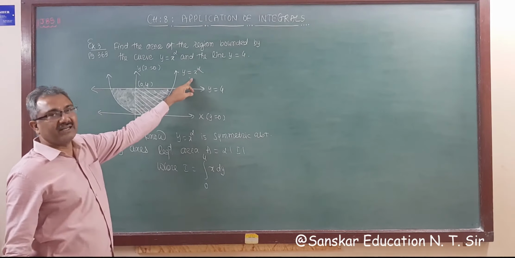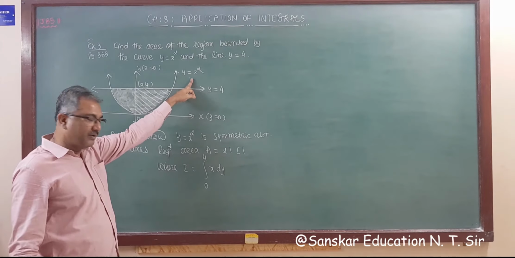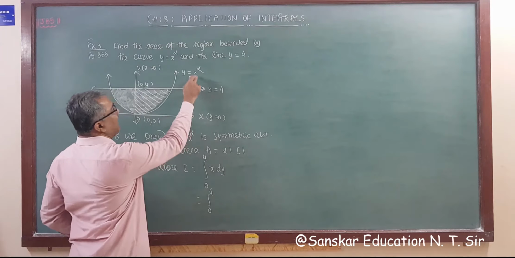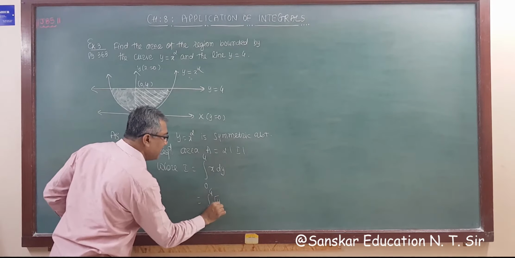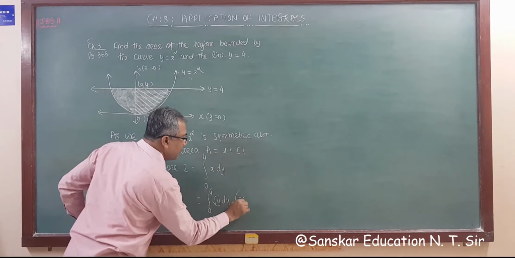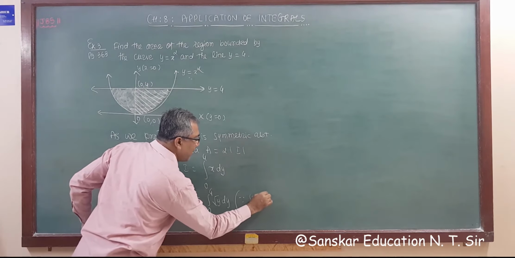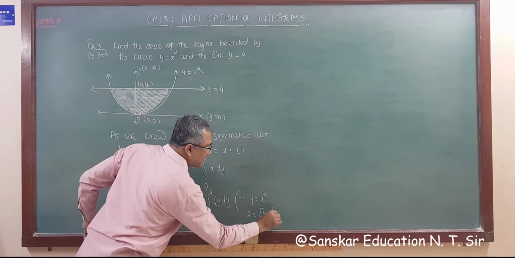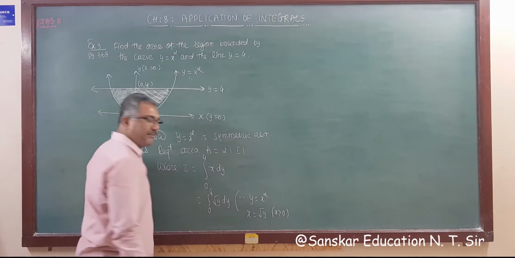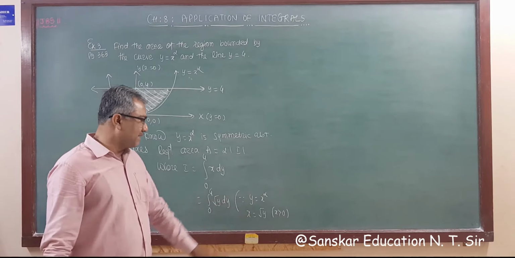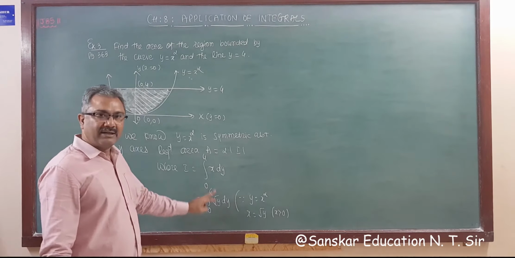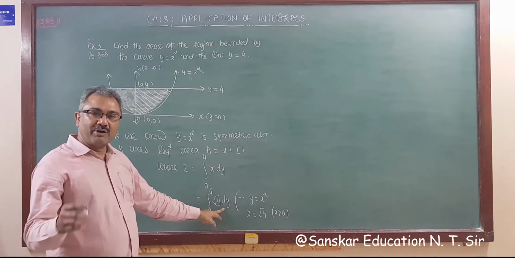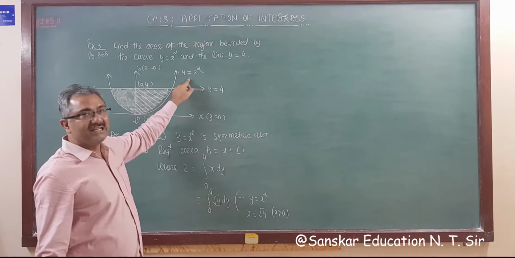We have to make x the subject from y equal to x square, so x is equal to root y, because we are taking the limit on the y-axis. So we have dy. So I is equal to the integral from 0 to 4 of x dy, which gives the integral from 0 to 4 of root y dy, because y is equal to x square. As x is greater than 0, first quadrant, I am not writing first quadrant now, x greater than 0 is enough.